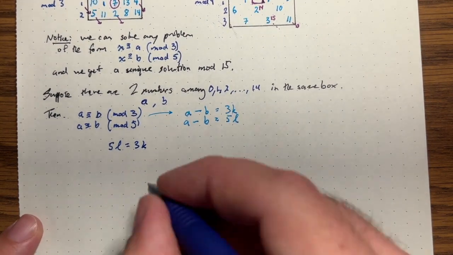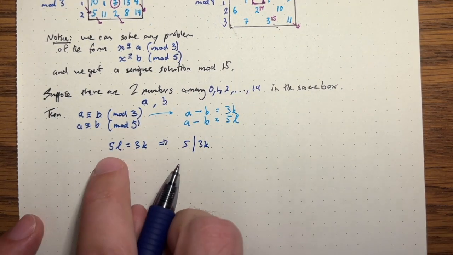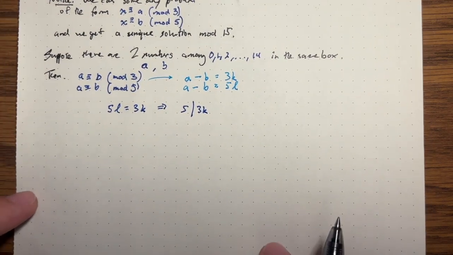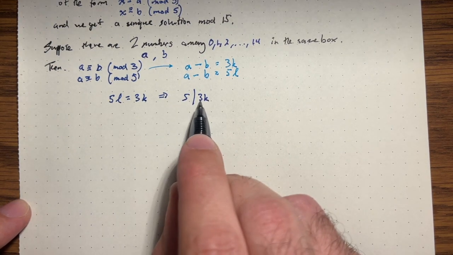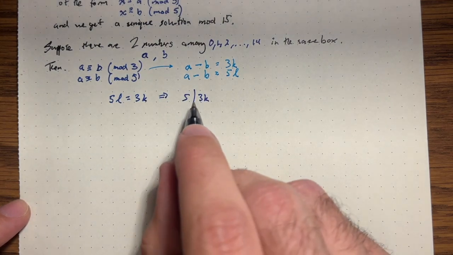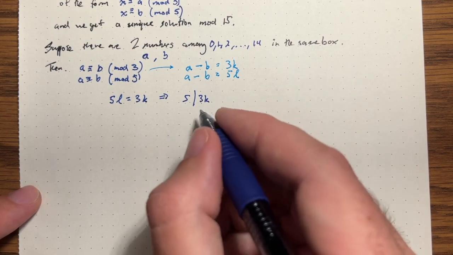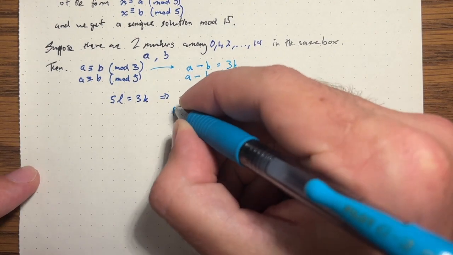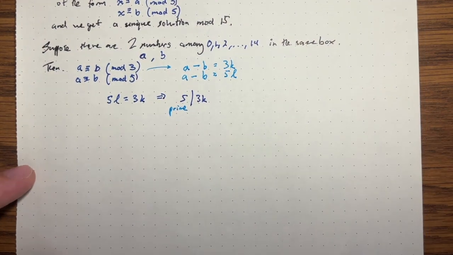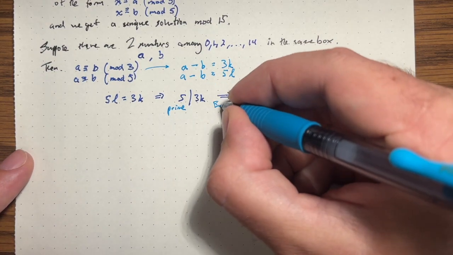So in particular, 5 is going to divide 3k, by definition of divide. But 5 does not divide 3. We want to conclude that 5 does divide k, and we can conclude that by Euclid's lemma, because 5 is prime.